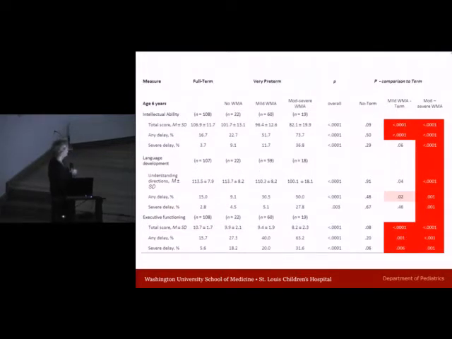At 6, fundamentally, if you didn't have white matter injury, you did not differ from term controls. But now, particularly for things like executive functioning, at 6 years of age, we start to see those mild children deviate a little bit away from those children with no abnormalities.